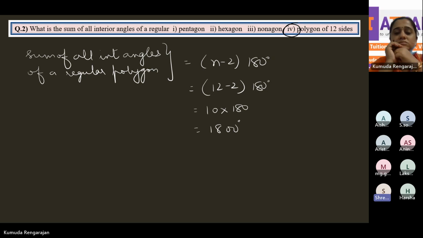So each angle of that polygon would be 150 degrees, ma'am. Yes, 1800 divided by 12.